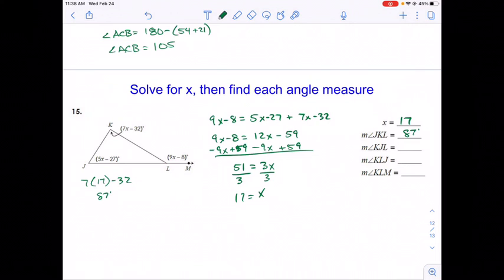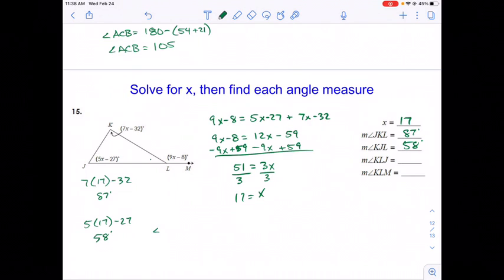The next one we're looking for is KJL, so K to J to L, which is going to be the 5x minus 27, so that's 5 times 17 minus 27. We will calculate that, and that's going to give us 58. The next one here is KLJ. Okay, so KLJ is this third angle here, so we're going to do the same thing we did on the last one here.